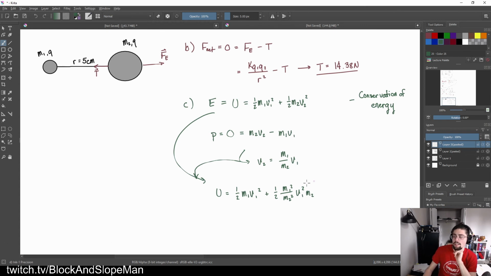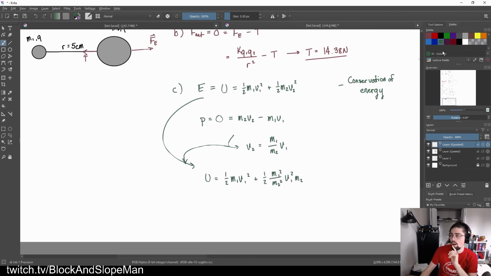Okay, it's a little bit crazy, but not to worry. I can cross off one of these. So let's do this in orange. Cross out that with the squared. So I've got m1 squared over m2. And let me do a quick check. Does this make sense? My kinetic energy term was kilogram times meters per second times meters per second.